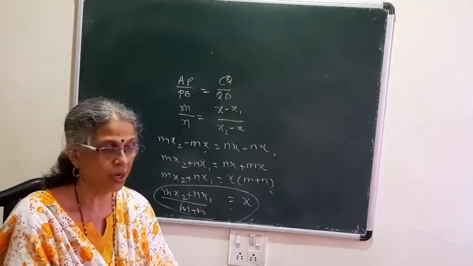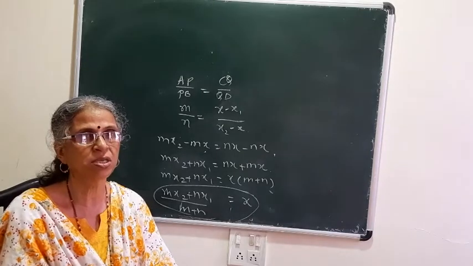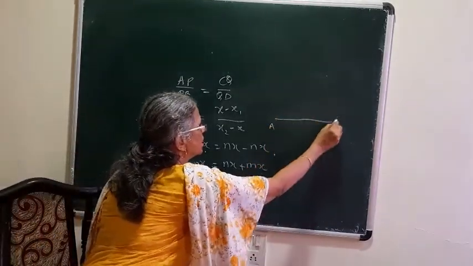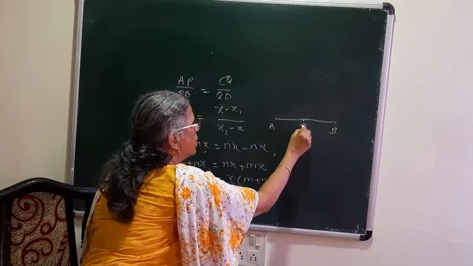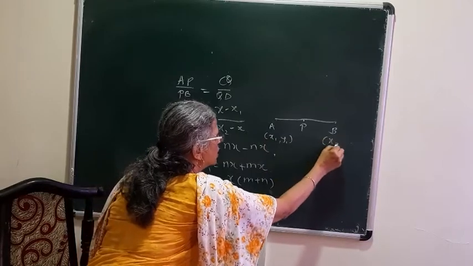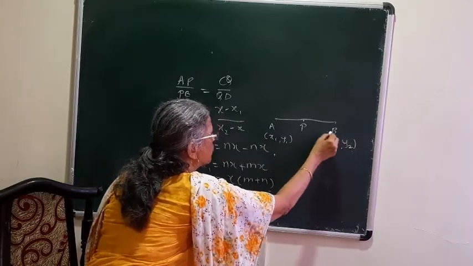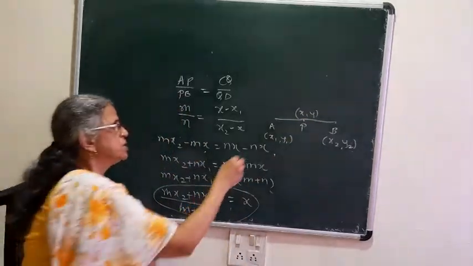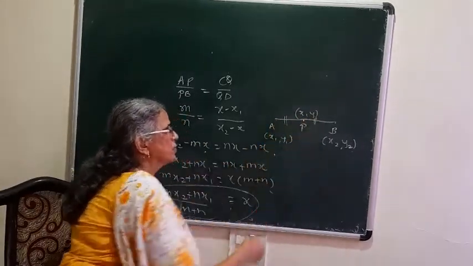Then from that we are going to derive the formula for the midpoint. Whenever the midpoint of a segment is given, suppose AB is a segment and P is its midpoint. Suppose x1 and y1 are the coordinates of A, x2 and y2 are the coordinates of point B, then what will be the coordinates of point P, which is the midpoint of AB?